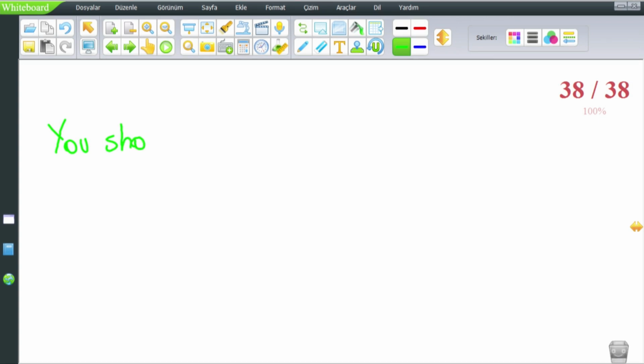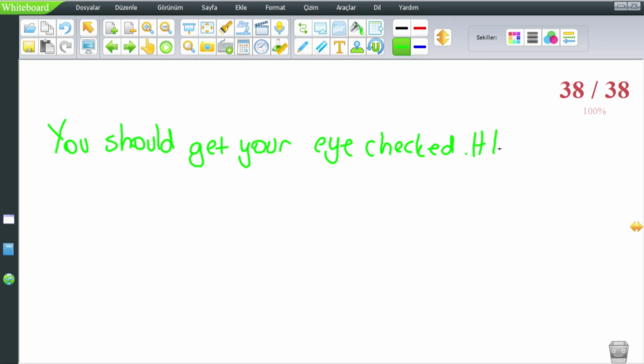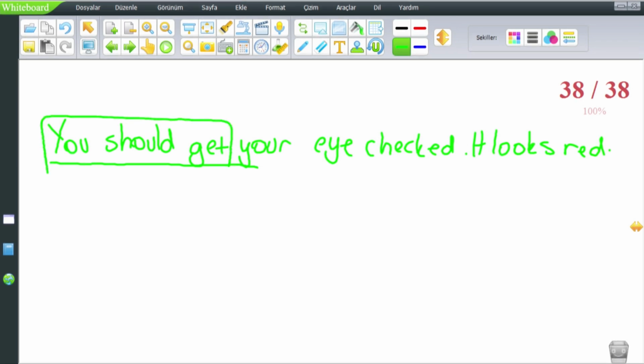You should get your eye checked. It looks red. Now, till here, you should get, it's not a passive one, but you should get your eye checked.